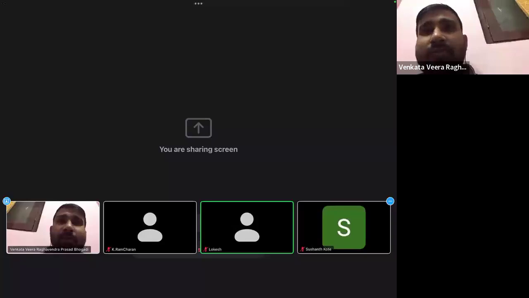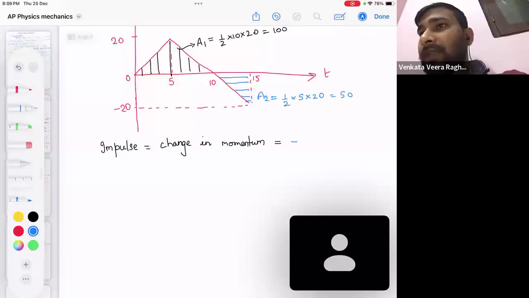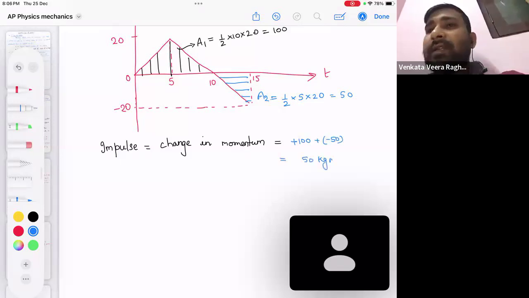Area under this graph, we can use to find the impulse or change in momentum. So plus 100 will come, and the below area we take as negative, so we are getting 50. The unit of that is kg meter per second. Is that part clear?